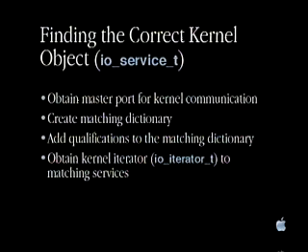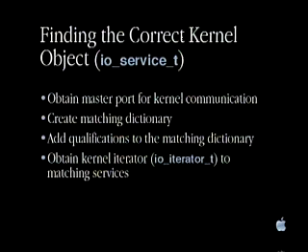So what are the steps involved? Well, first, from user space, you have to obtain a master port that you use to communicate with the kernel. Then you have to create a matching dictionary that's very similar to the matching dictionary we showed in the demo of the personality, and the same rules apply to this matching dictionary.